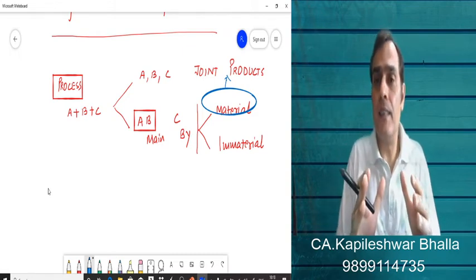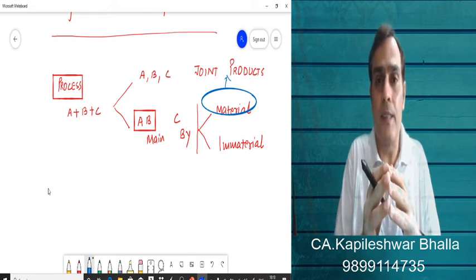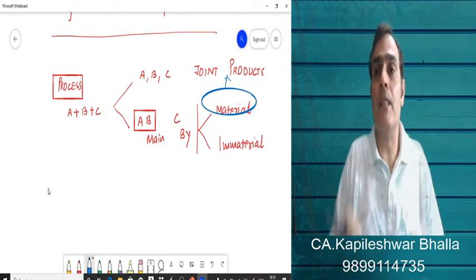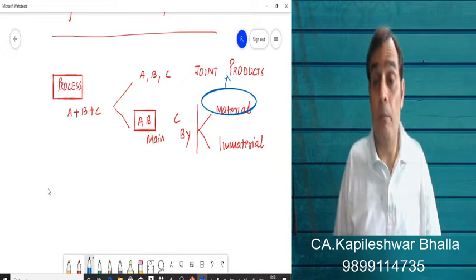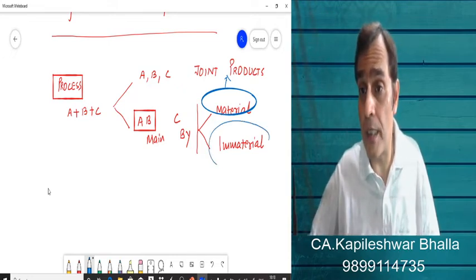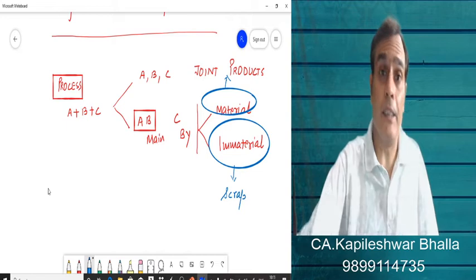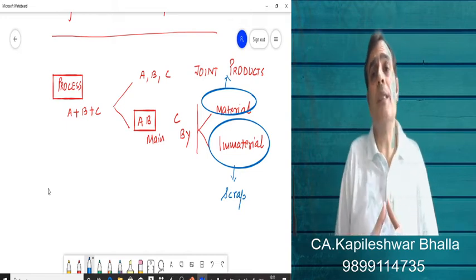We used to say let's follow the same concept which is applicable to joint products. But if they are immaterial in nature, then we used to say let's treat them as good as scrap.